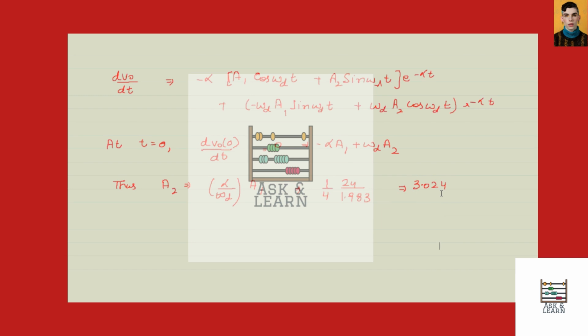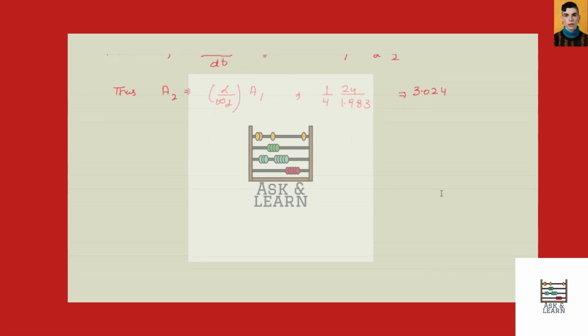Next, to find the potential at t, we get the value as 24 cos 1.9843 t plus 3.024 sin 1.9843 t, times e to the minus t by 4 volts.